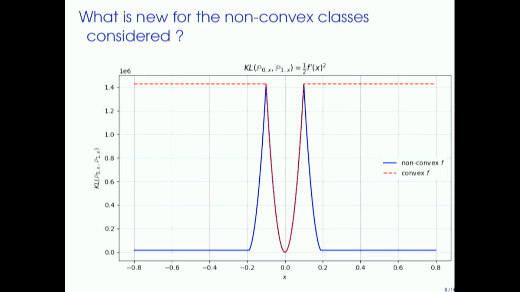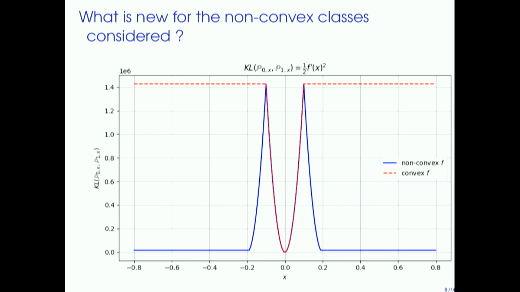So, in order to leverage this, we need some sharp bound on the KL divergence, one that is sharper than the one that is classically used for convex functions.